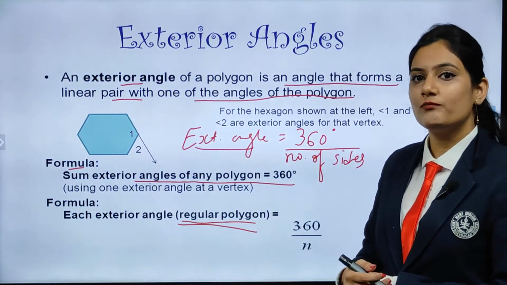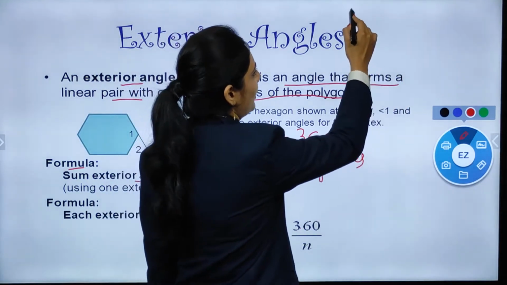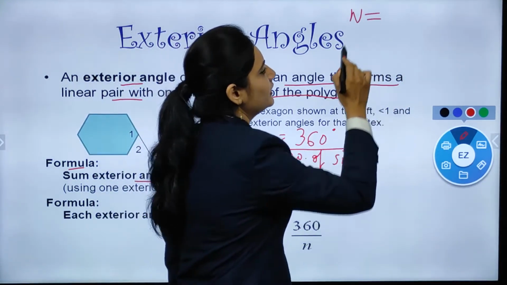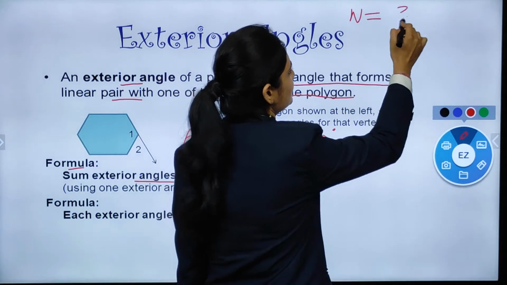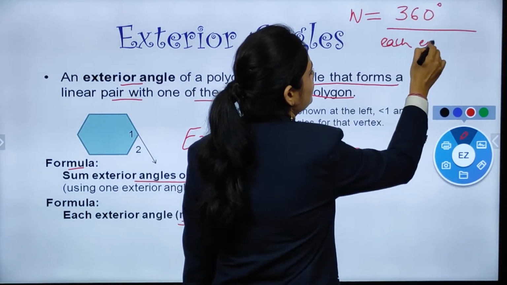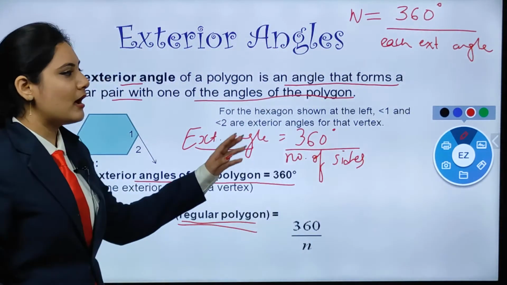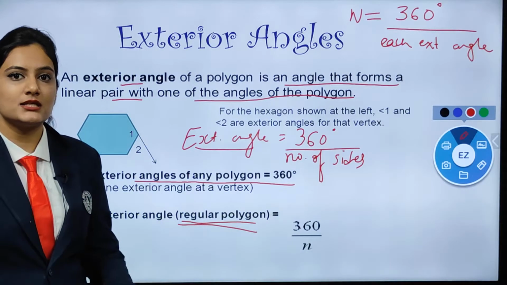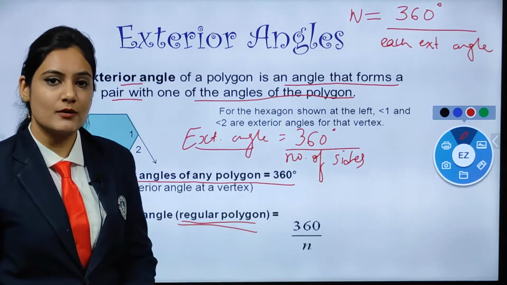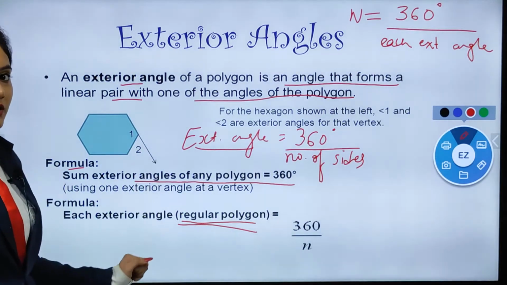How can you get the answer? When you want to find the number of sides, it will be equal to 360 degree upon each exterior angle. So memorize these two formulas properly, because in exercise 3.2 we are going to solve the sums on the basis of these two formulas only.